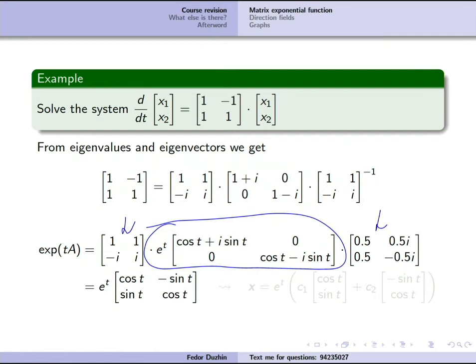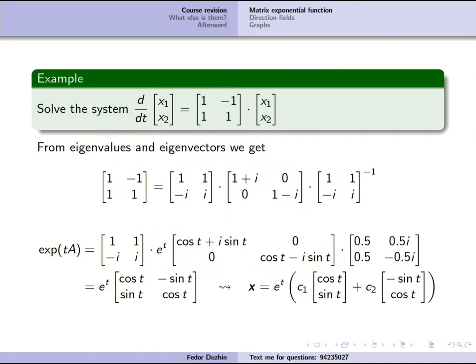This is C, this is C inverse. And then we get the answer. And so the final answer is a linear combination of the two columns of this matrix. All right. Of course, the final answer is the same as the final answer of the method that we learned in week 10.